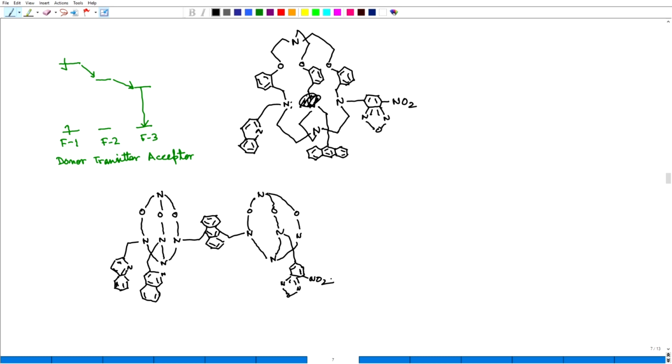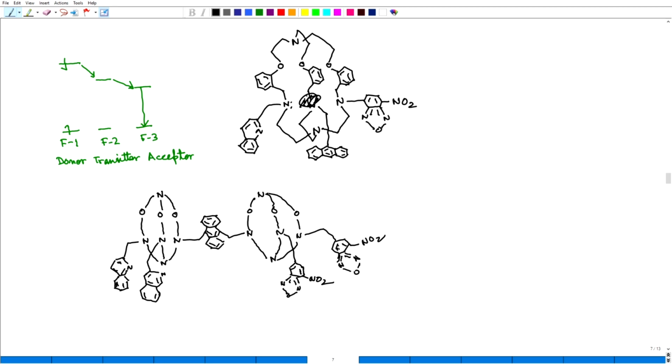And then here also. NO2. So, this compound, so this is also 1, 2 and 3.